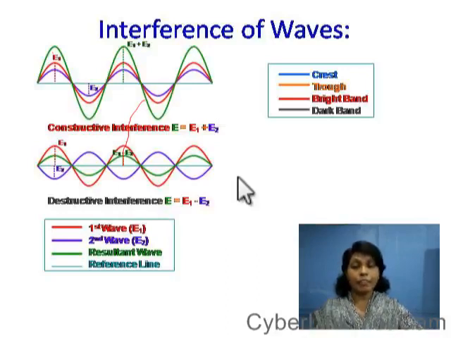We have enough examples of constructive interference of light. The intensities of two light sources add up to give more intensity at the region where they happen to coincide.